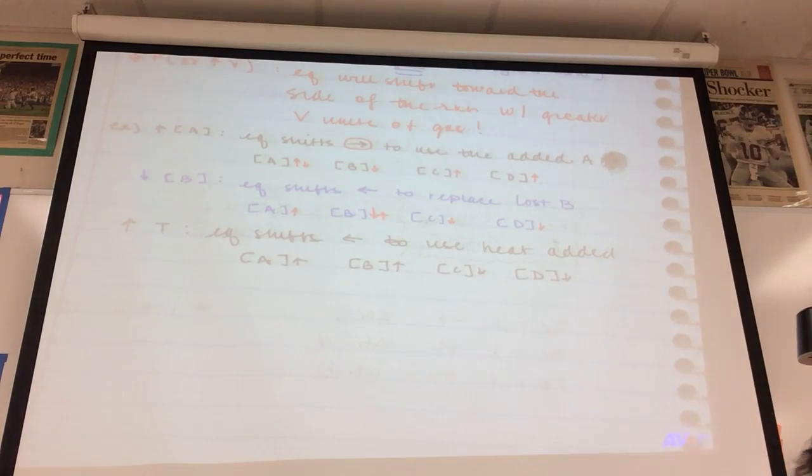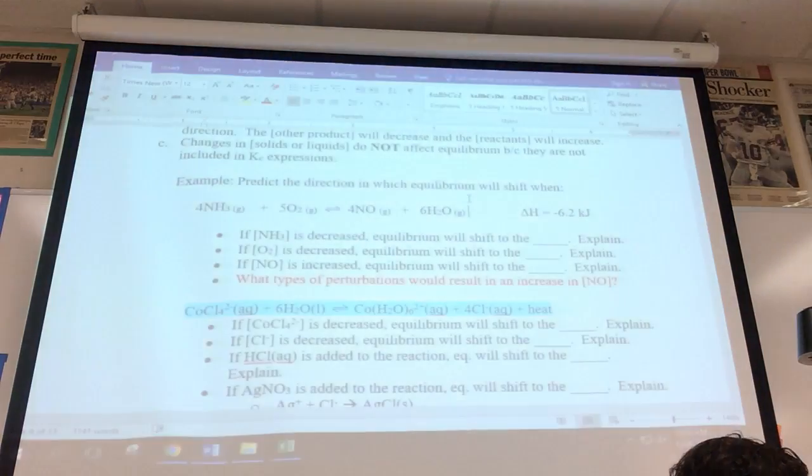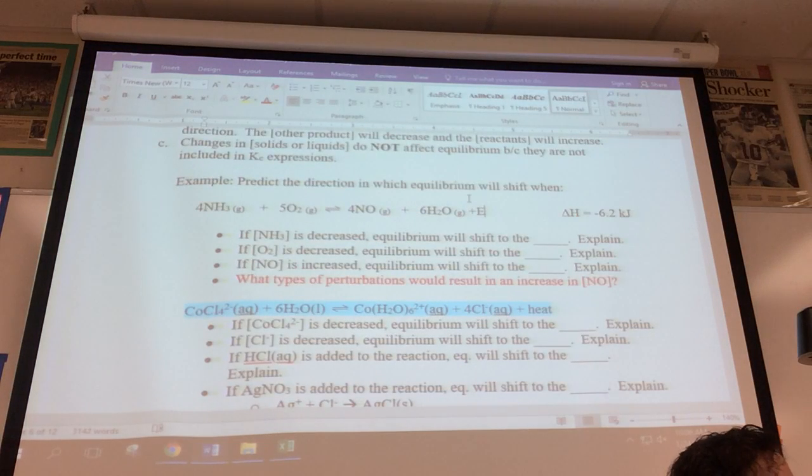And at your level, you may want to add in plus E, because that will help you focus on a temperature-based question. First one says, if ammonia concentration is decreased, equilibrium will shift to the reverse, or left, to replace the ammonia lost.